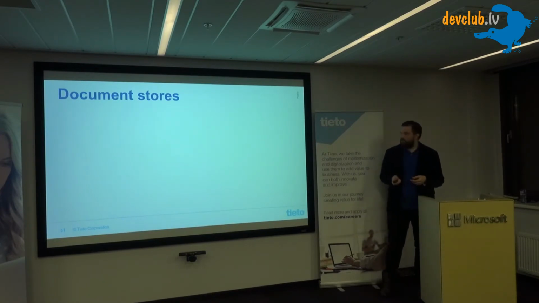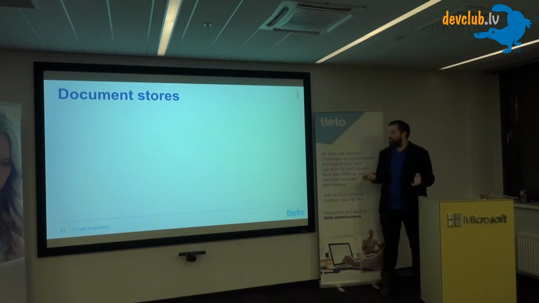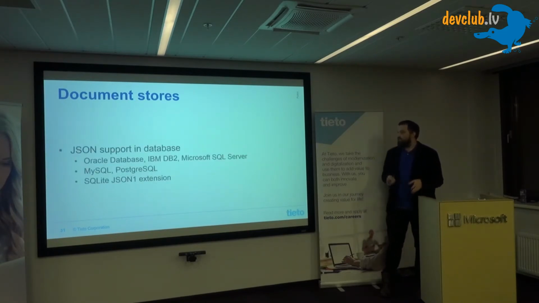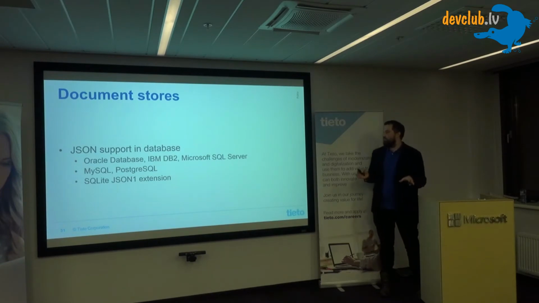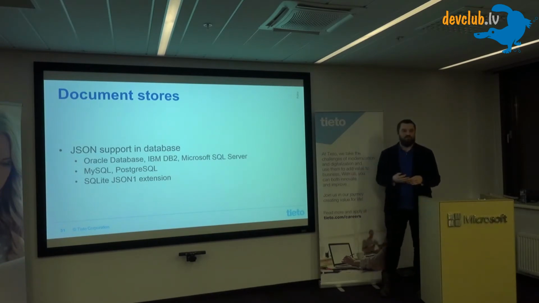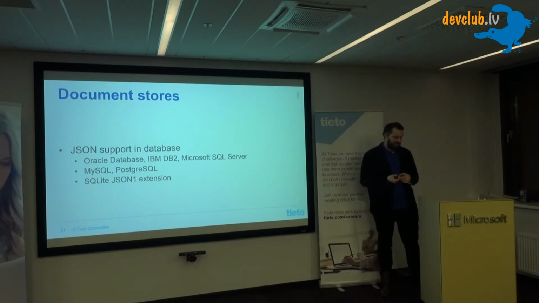And now in 2017, JSON is supported in 3 major commercial databases, as this guy told before. Even Microsoft SQL Server has it, and it's also available in open source databases, and even SQLite has JSON extensions.